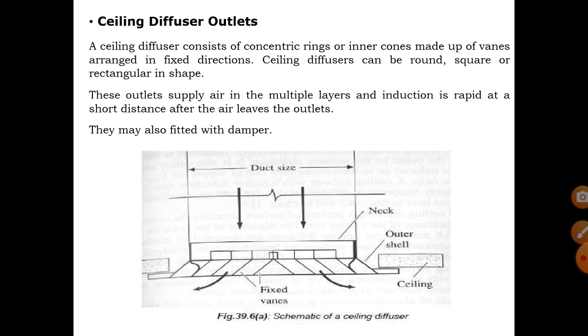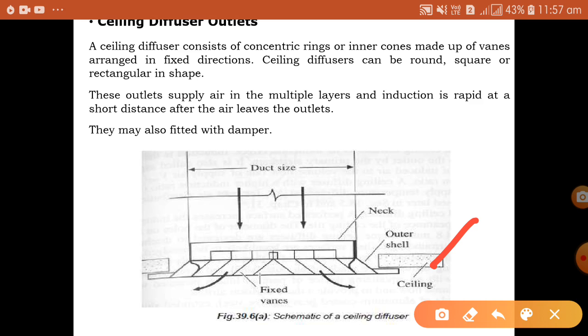Again, the duct would be connected to that particular diffuser, that outlet, and the concentric rings are also provided. This is the ceiling, and there is an arrangement of duct. The air would come out like this. Now this is the neck of your ceiling diffuser system, and the fixed vanes are provided.